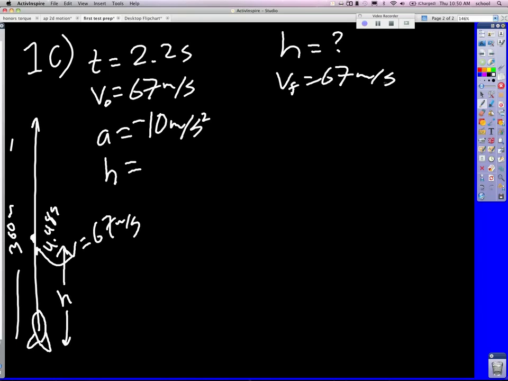So then at this point, we can now say Vf squared is equal to V0 squared plus 2ax, or 2ah as the case may be. So x, which is equal to h, is going to be Vf squared, this is 0, Vf squared all over 2a. So 67 squared divided by 60.